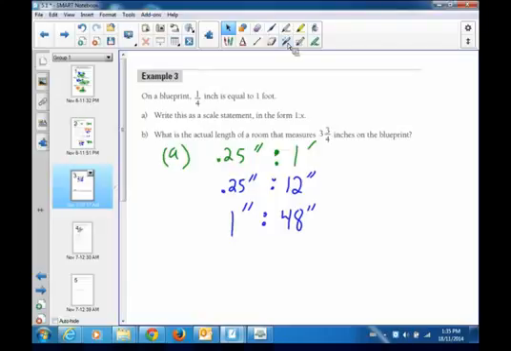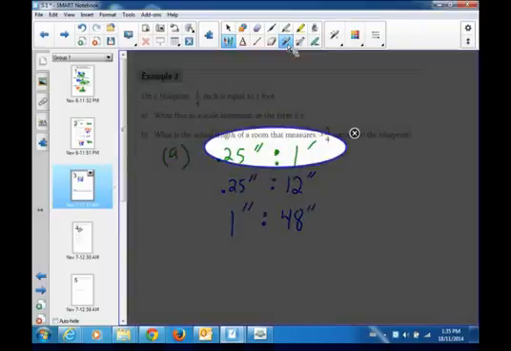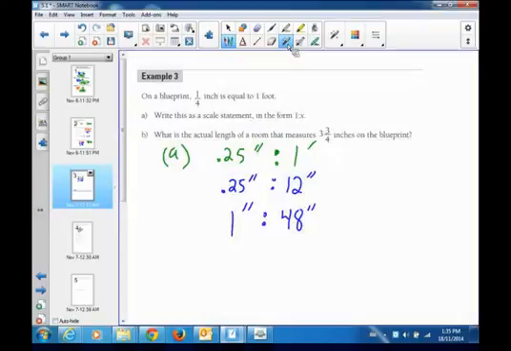Does that make some sense? Sort of? Yeah. What I have in green is fine enough for most problems, but they actually specifically asked for a 1 to whatever ratio, okay?